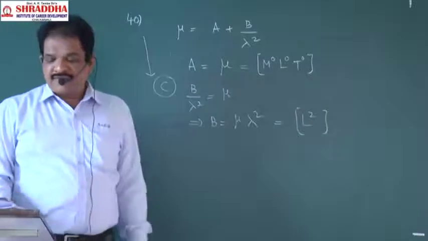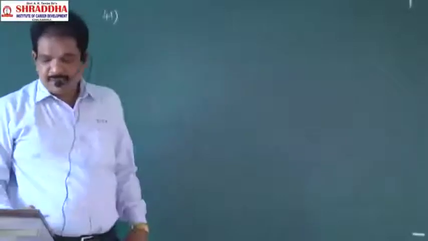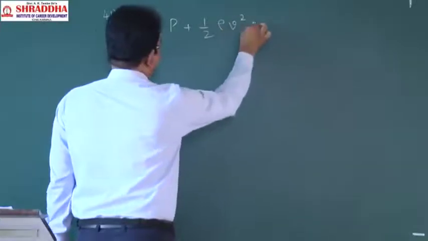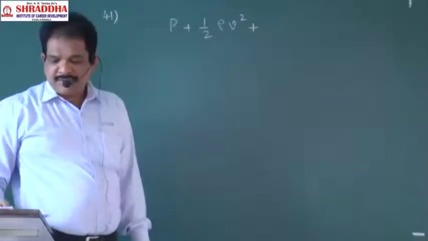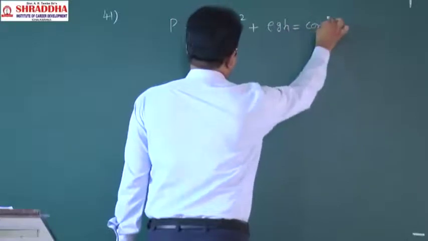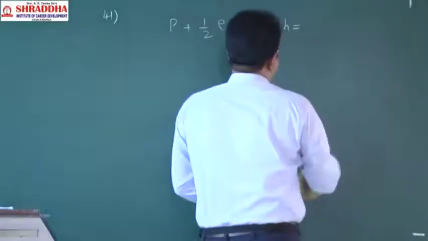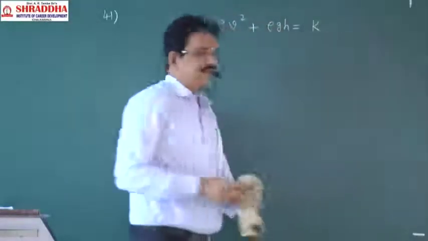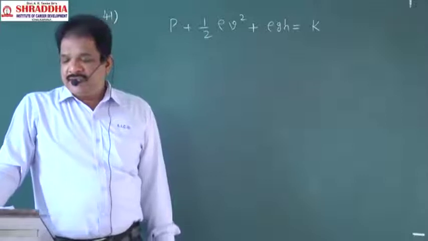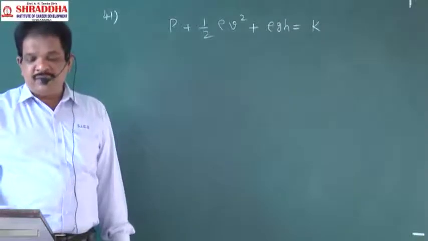Clear? Next, 41. Bernoulli's equation is given by P plus half rho V square plus rho g h is equal to constant, which is equal to K. Where P, rho, V, g and h have their usual meanings.